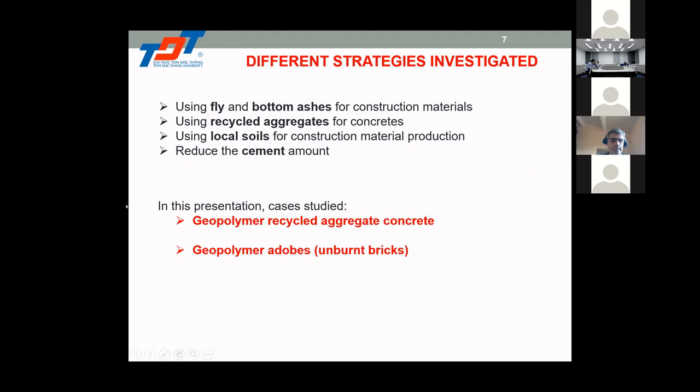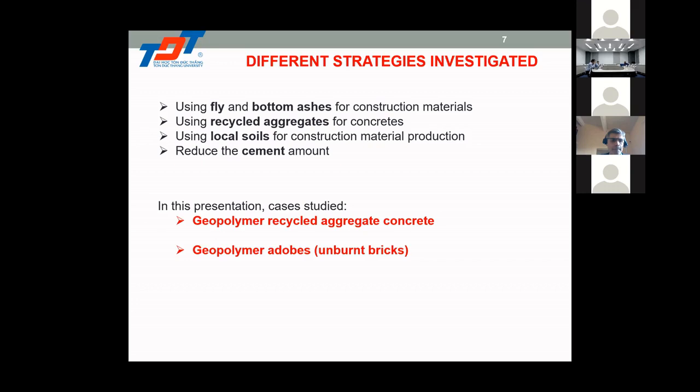Here I present some different strategies that we have investigated. The first one is using fly and bottom ashes for construction material. The second is using recycled aggregate for concrete. The third is using local soil for construction material production.